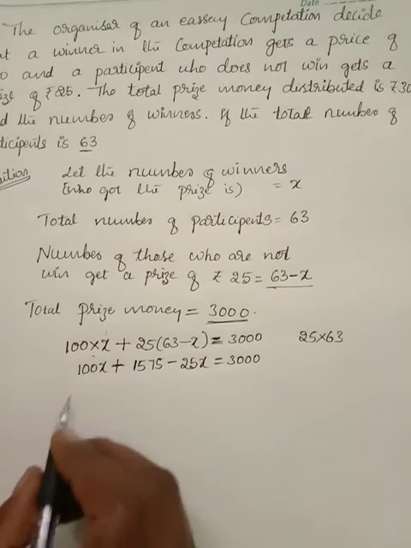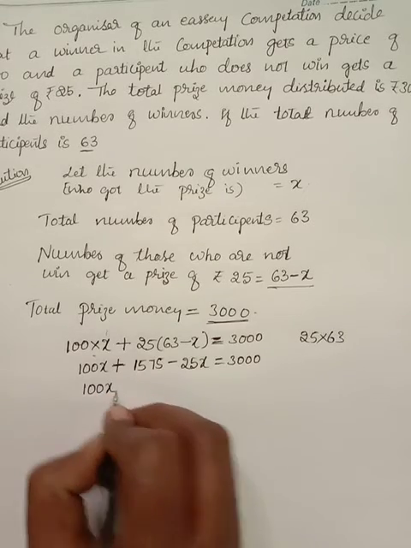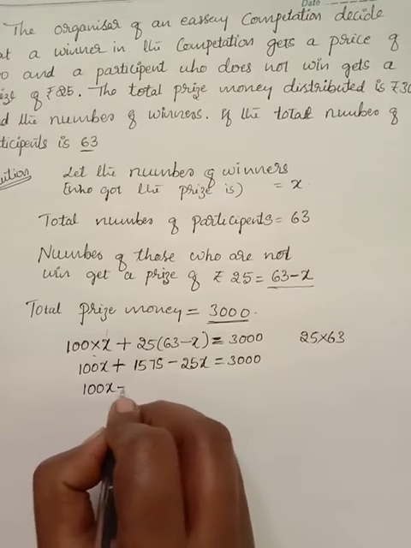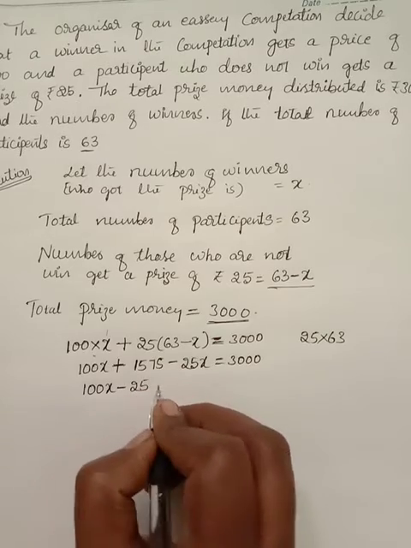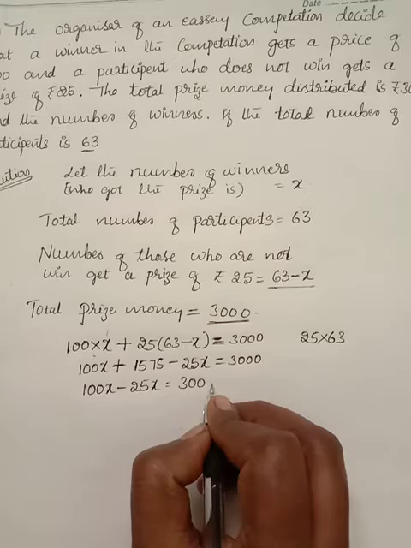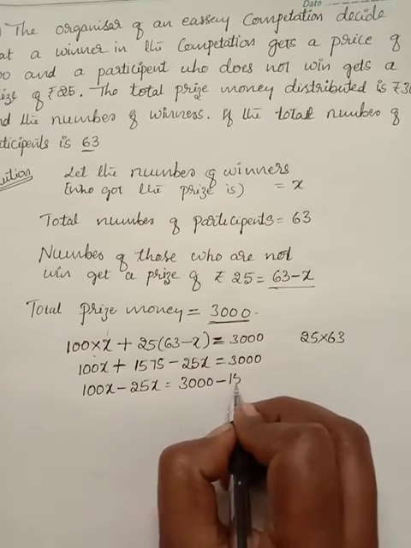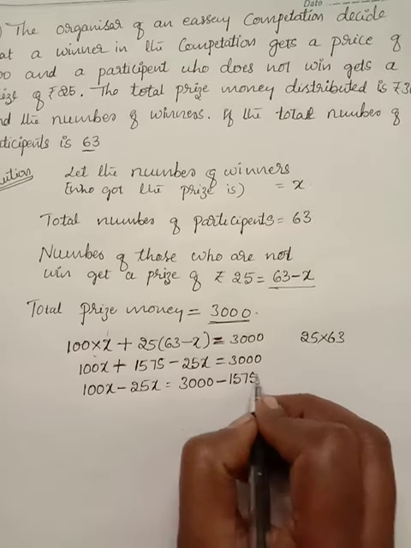3000 rupees is there. So then here we have to simplify this and find the value of x. So 25x is equal to 3000 minus 1575.